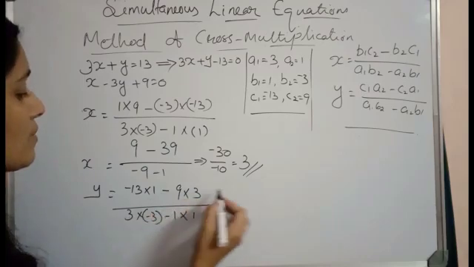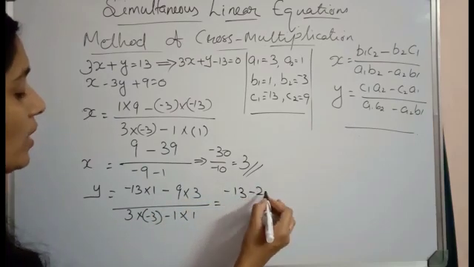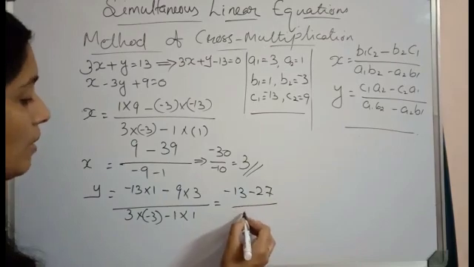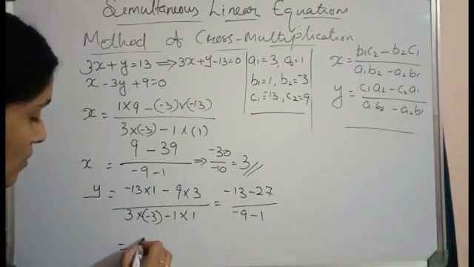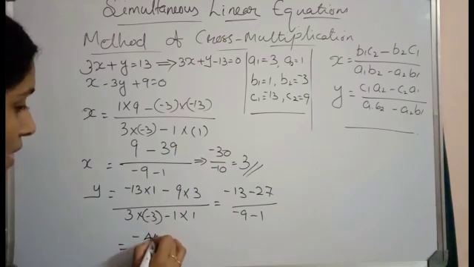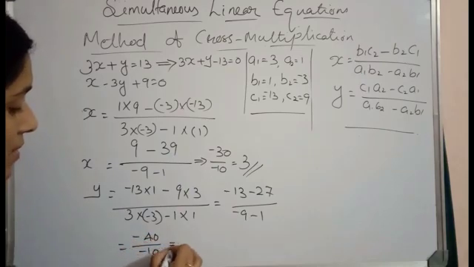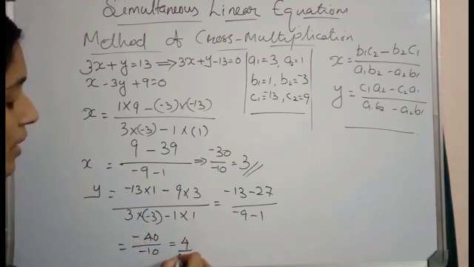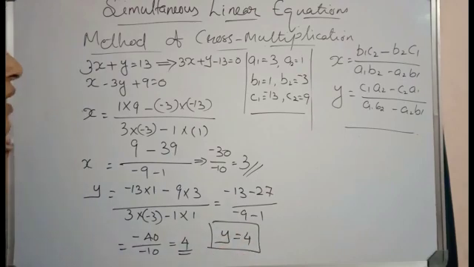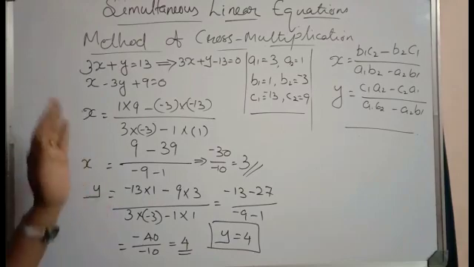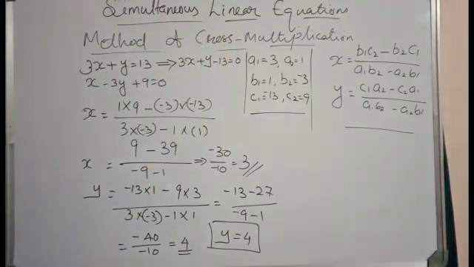So you get this as minus 13 minus 27 divided by minus 9 minus 1. That's equal to minus 40 divided by minus 10. That is 4. So you'll get the value of y as 4. This is how you can simplify and find the values of x and y by using the method of cross multiplication.